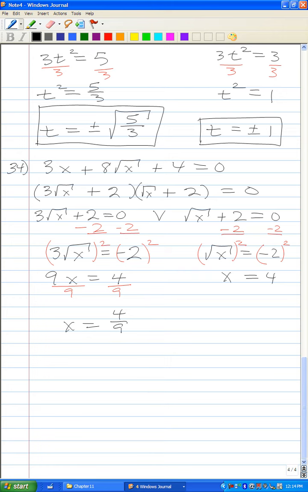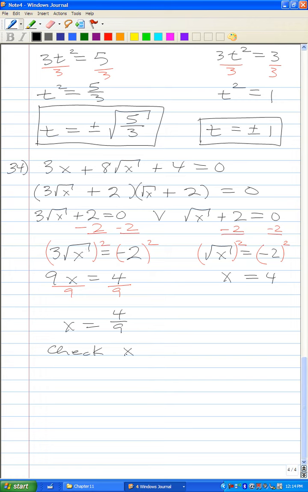But now, since you're solving a radical equation, I have to check. Remember, you always have to check radical equations. So let's check if each of these are correct.